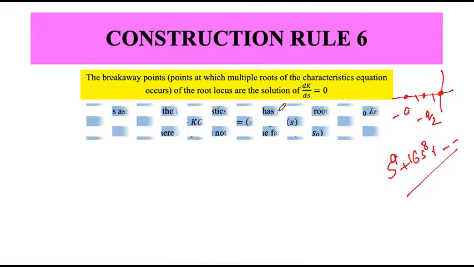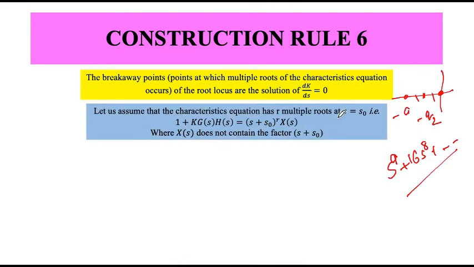So let us assume that there are multiple roots. The roots here are 0 and minus a, or the poles, and then they come here, and both have the same value at minus a by 2.